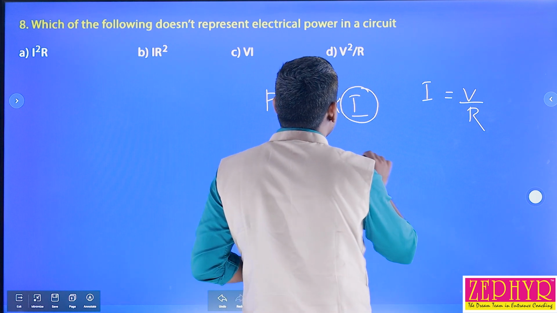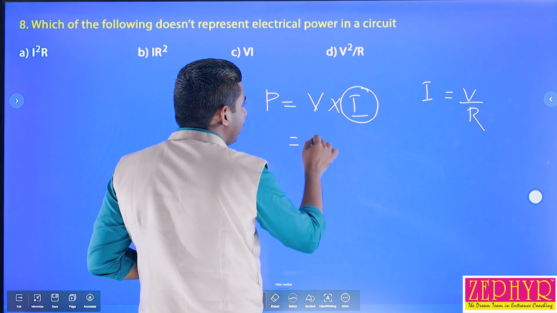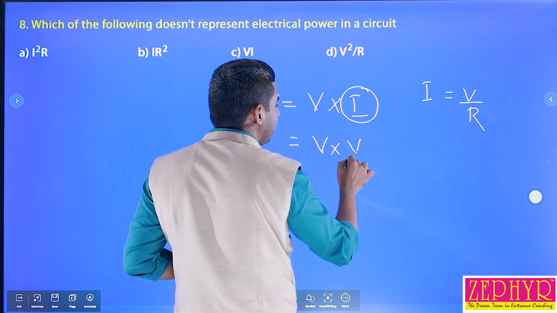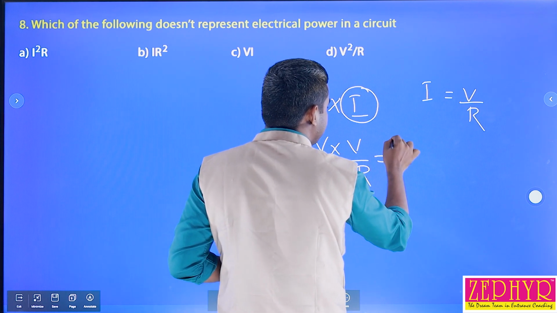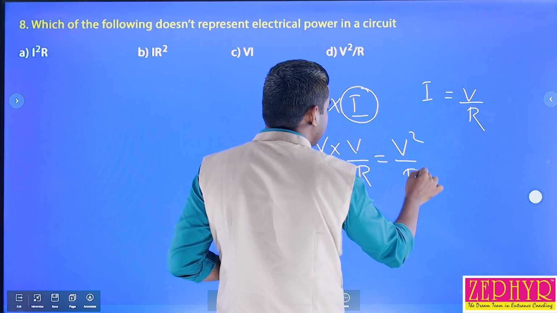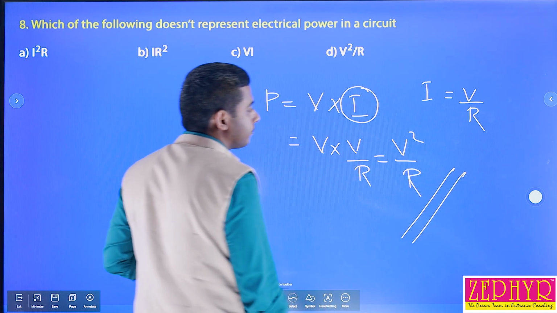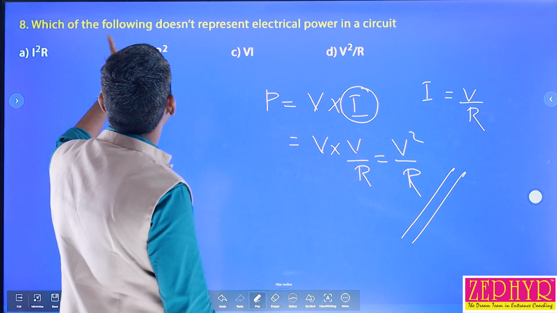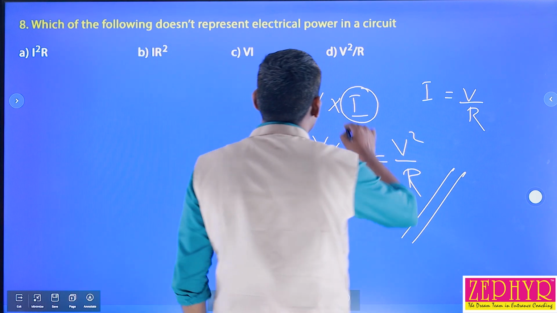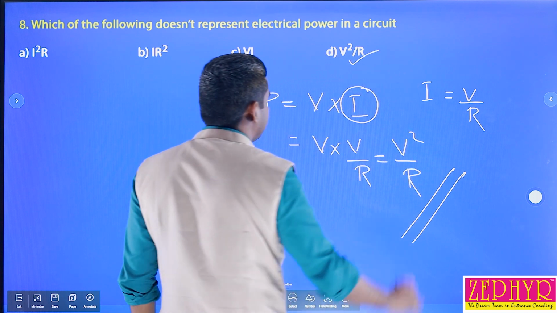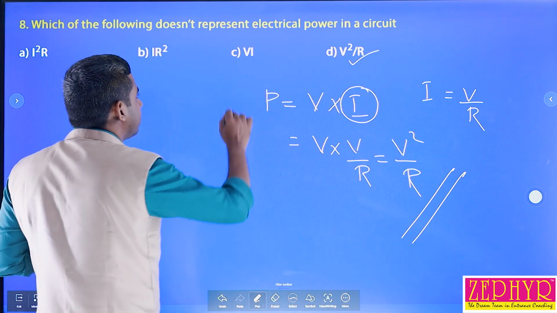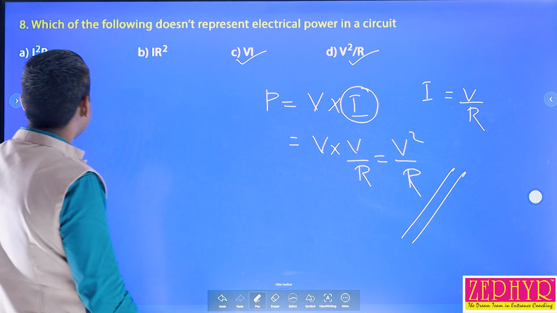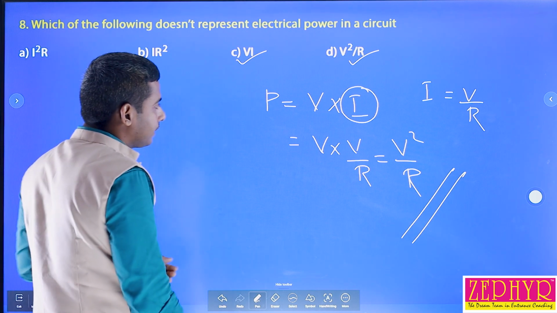So here V into, instead of I you can put V by R, so V into V by R, that means the equation becomes V square divided by R. So we can check, they are asking which of the following doesn't represent. So this is the equation of power, then C is also correct, then we can check either A or B, that will come as the correct answer.